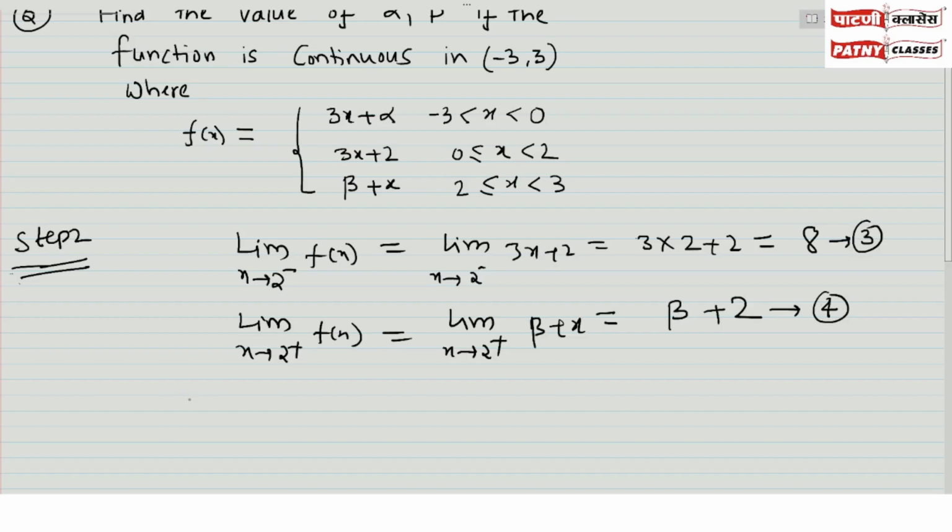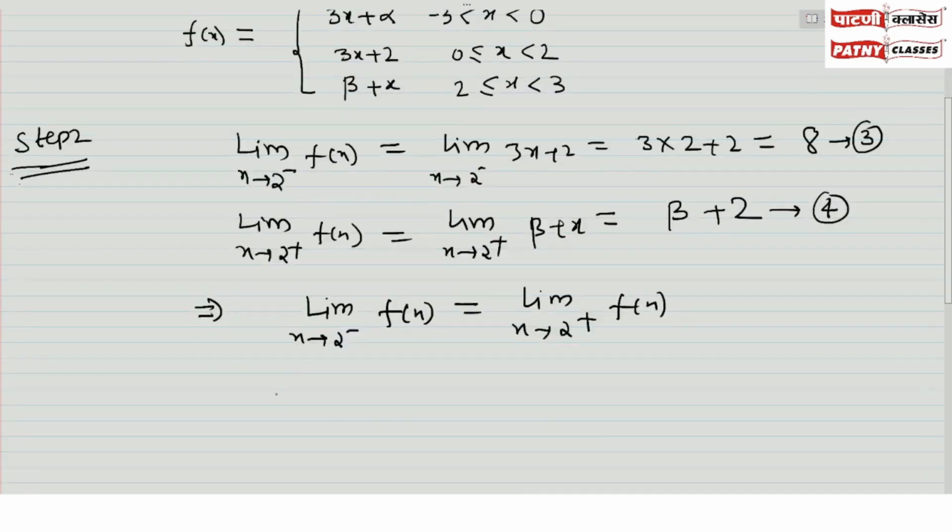Since the function is already continuous at x equals 2, limit x tending to 2 minus f of x equals limit x tending to 2 plus f of x, implies 8 equals beta plus 2, implies beta equals 8 minus 2 equals 6.